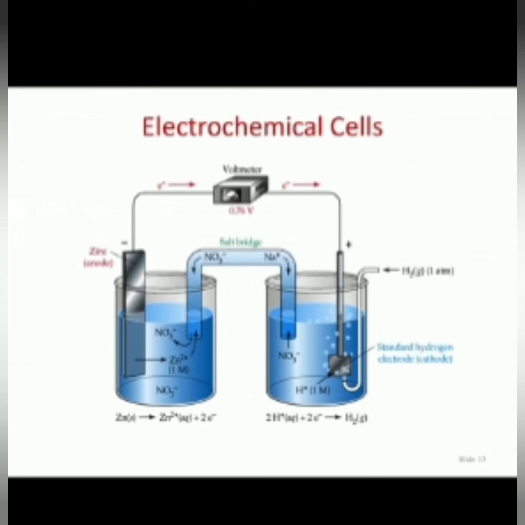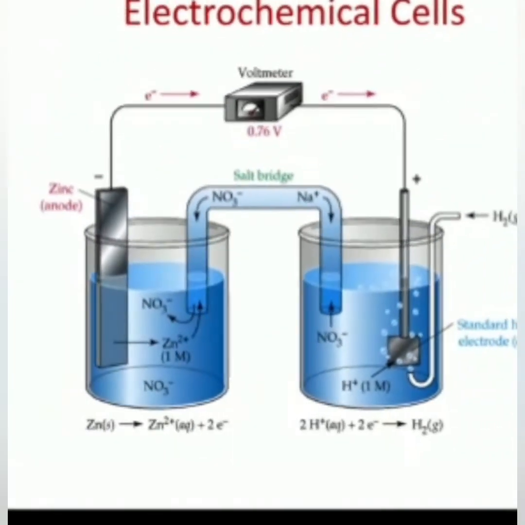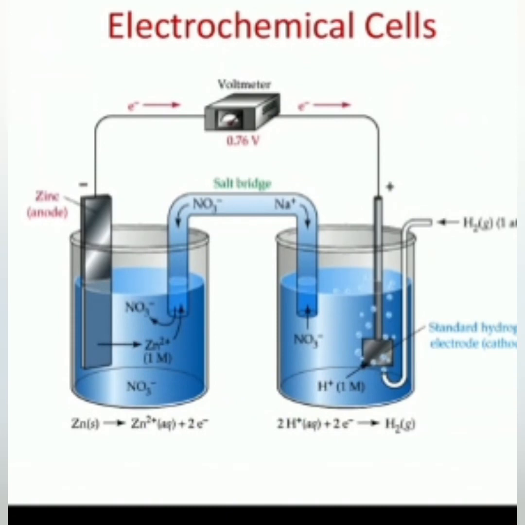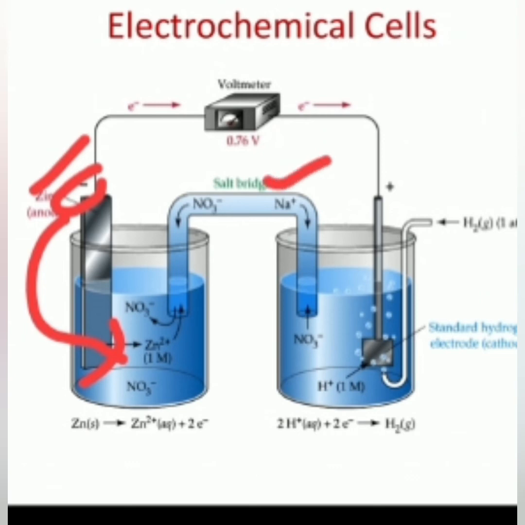This is the important electrochemical representation of an electrochemical cell. Here the zinc plate acts as an anode, which is negatively charged. The zinc strip is dipped in copper sulfate solution or copper nitrate solution. These two half cells are interconnected with a salt bridge.